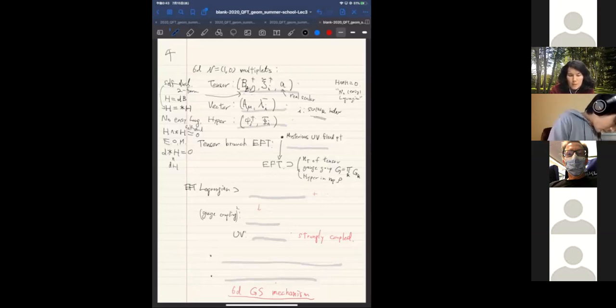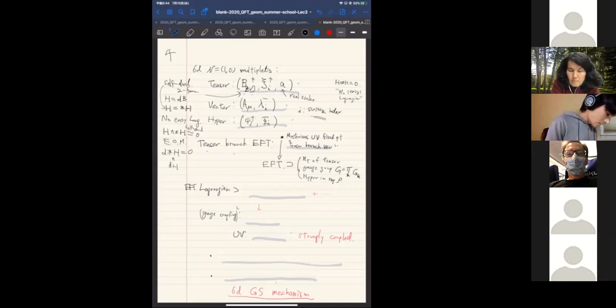Okay, so these are the possible 6D supermultiplets. To compute the anomaly polynomial, we consider the tensor branch effective field theory, which means that the UV fixed point is strongly coupled. So it's mysterious, but we assume that if we turn on some particular kind of branch, then it flows to an effective field theory, weakly coupled, composed of these three types of multiplets.